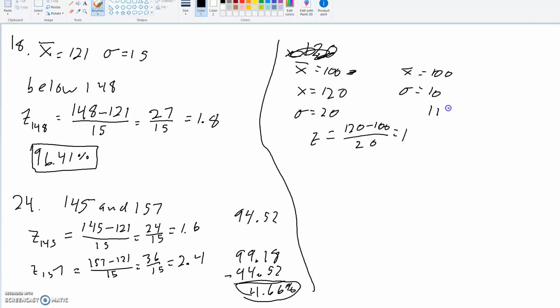If a person got 115, which is a lower raw score, we would see that the z-score there is 115 minus 100 divided by 10. So that's 15 over 10, which is 1.5. You'll note 1.5 and 1 are the z-scores, so the quote-unquote more intelligent person, or the one with the higher IQ, is actually the one with the lower score because they have a higher z-score associated with that score. Hopefully that makes sense.